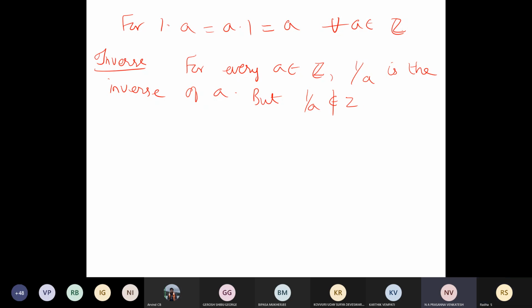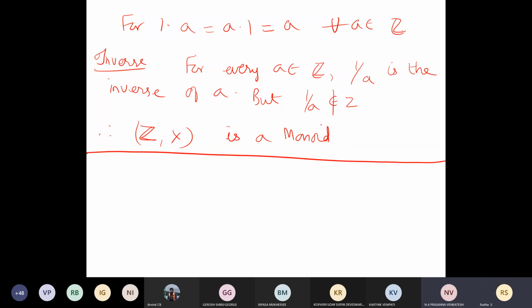Okay. So therefore, Z with usual multiplication is a monoid. So how do you make this a group then? If I take Z, it becomes only a monoid. So under multiplication, what elements are needed so that it becomes a group? I need the multiplicative inverse, right? So what should be added inside Z?